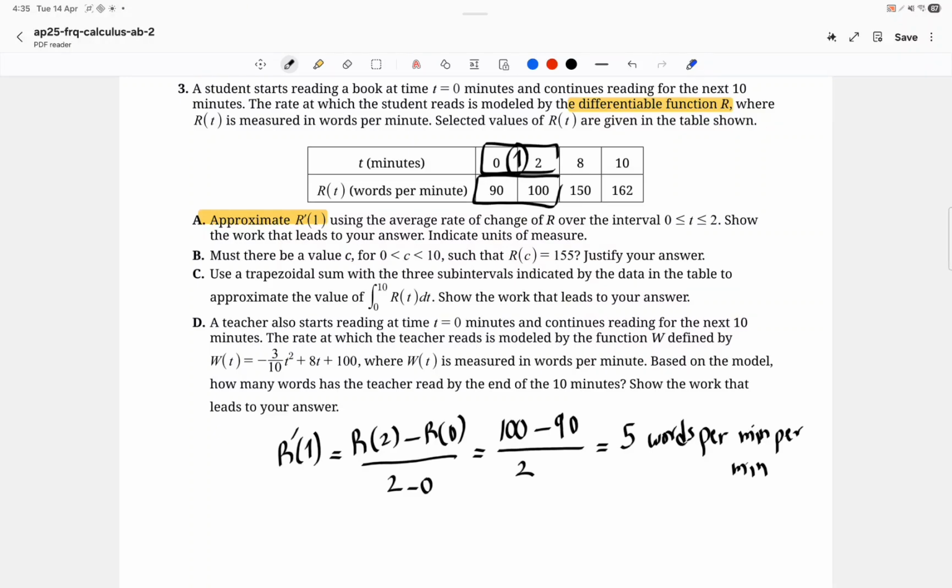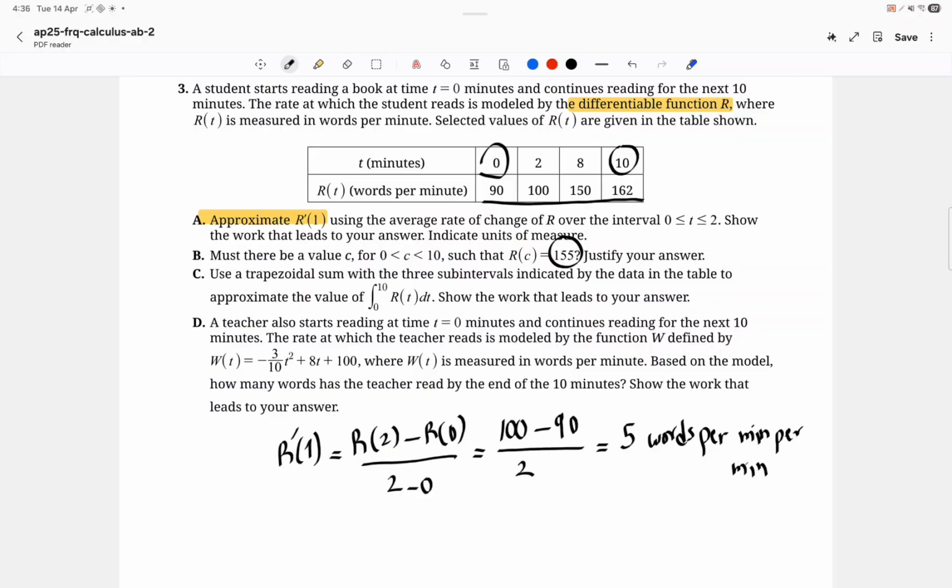Okay, part B says, must there be a value c where R(c) is equal to 155? That's basically the application of the IVT. Now between 0 and 10, we're ranging from 90 all the way to 162. So yes, it does make sense that at some point we reach 155.